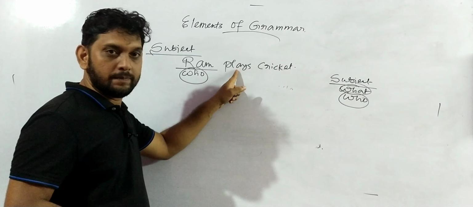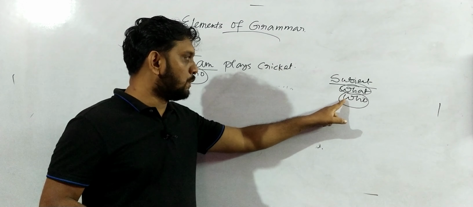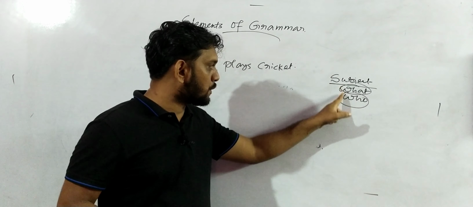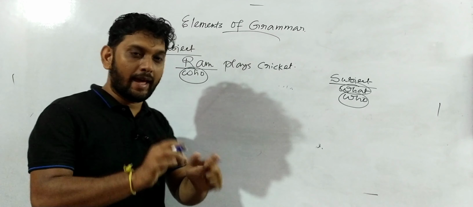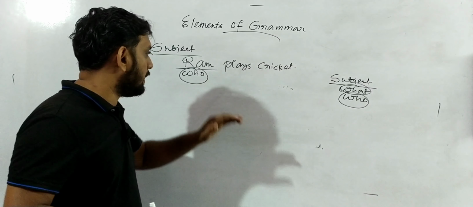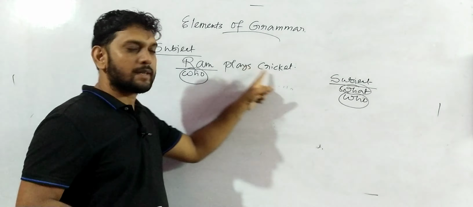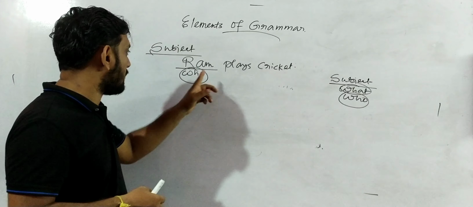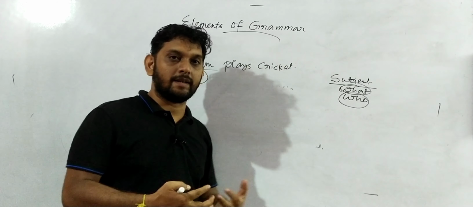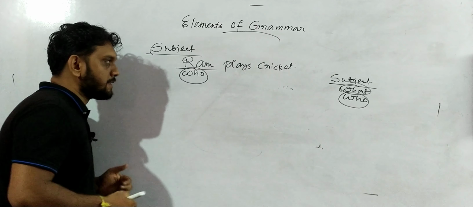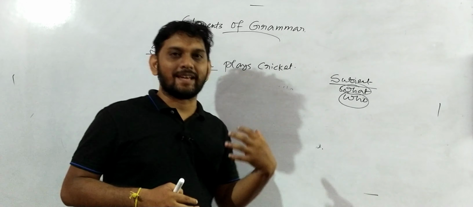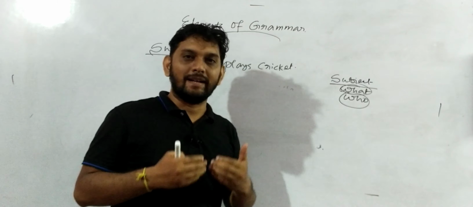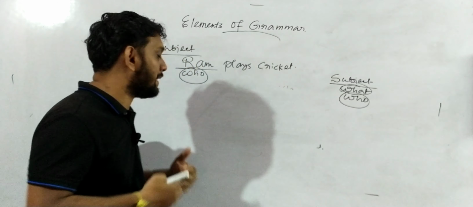When you ask the verb using the WH question words who and what, you will get the subject of the sentence. If you ask, who plays cricket? Yes, Ram. So Ram is the subject of this sentence. This is a very easy example, so you can definitely find out the subject of the sentence very easily.